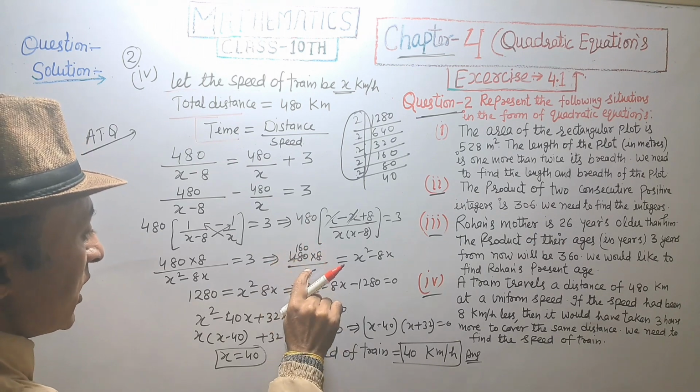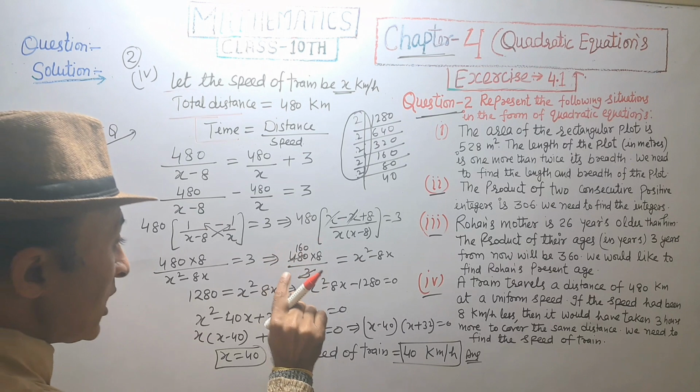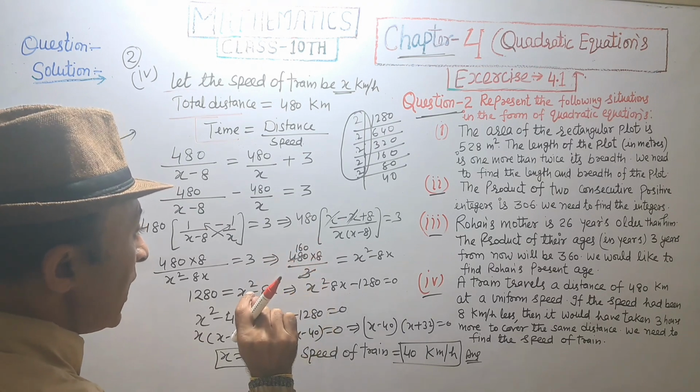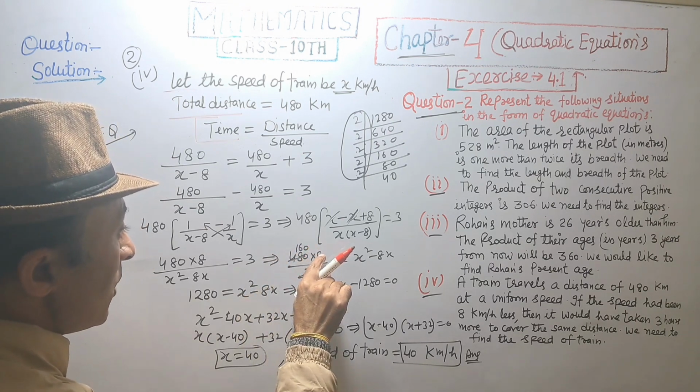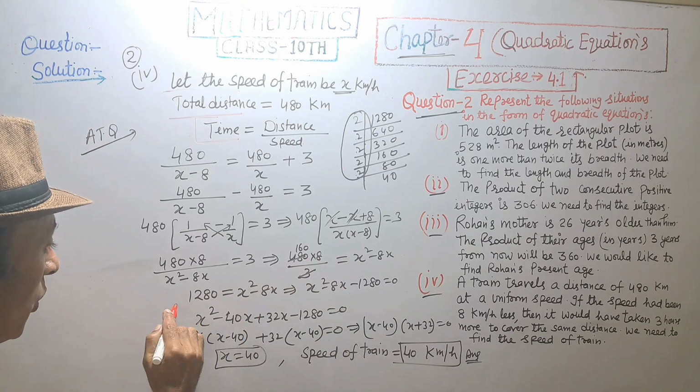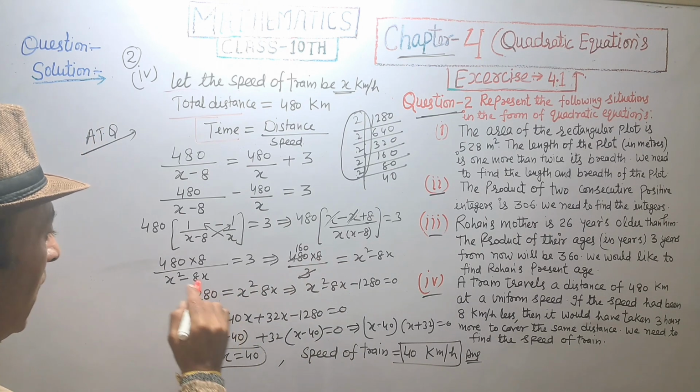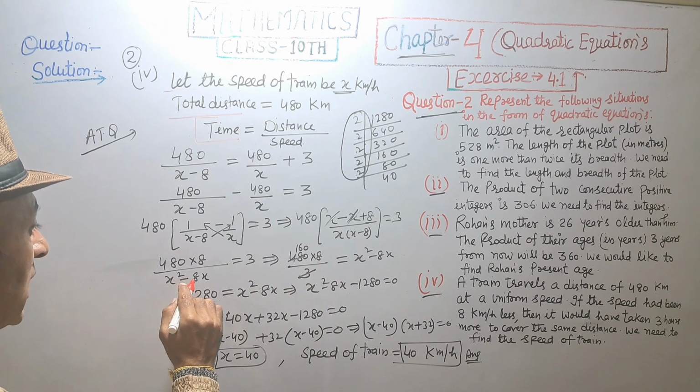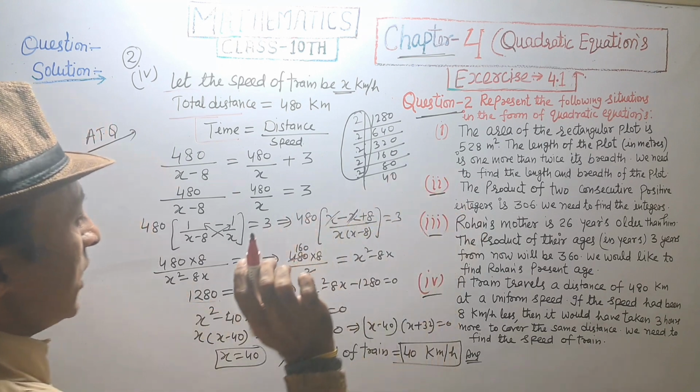480 is divisible by 3, that is 160, since 160 threes are 480, and 160 multiplied by 8 is equal to 1280, and x square minus 8x is shifted to the right side.